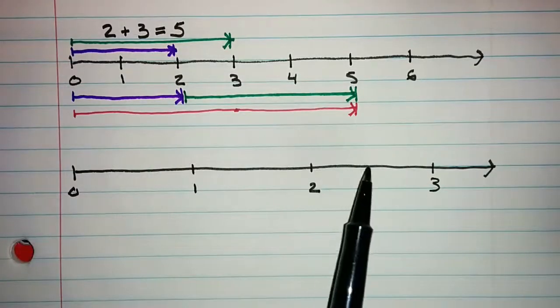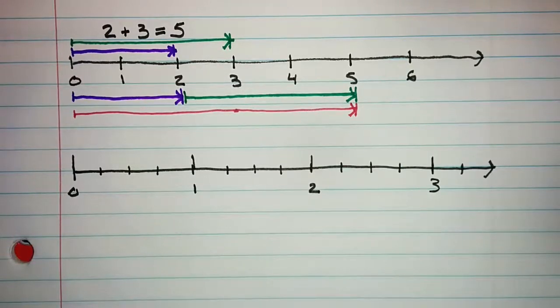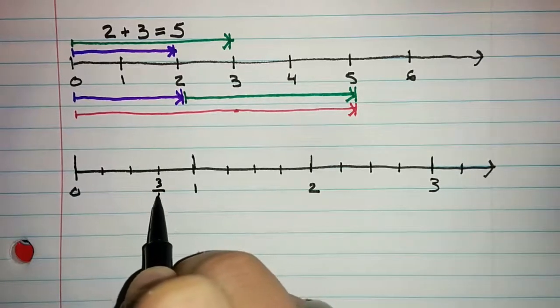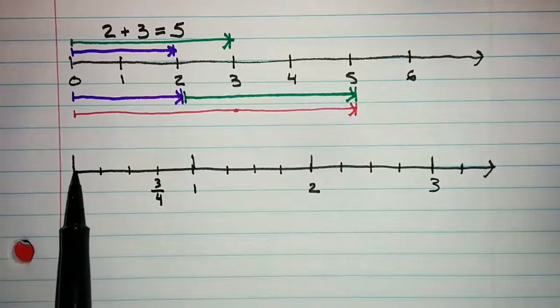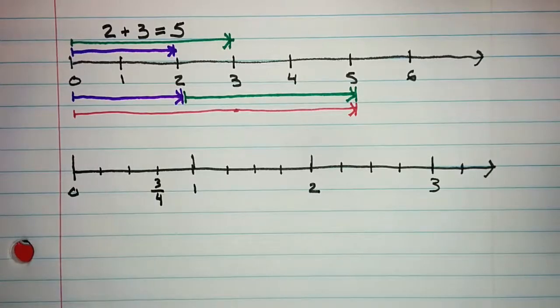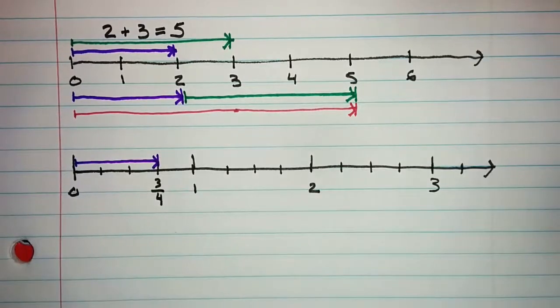So notice that this number line is different from this one because its units are larger, and I've done that intentionally to be able to look at fractions. Here we see the fourths. So for example, this number is 3/4, counting 1, 2, 3, which means that 3/4 is represented by this line segment.